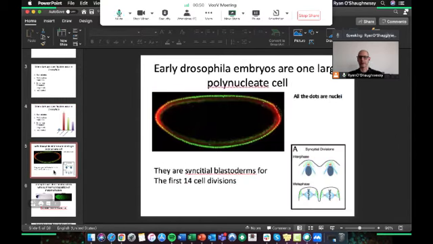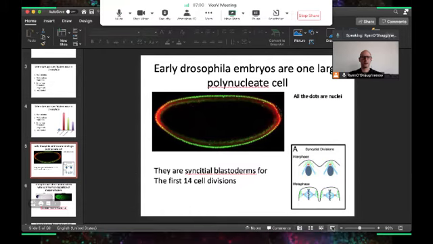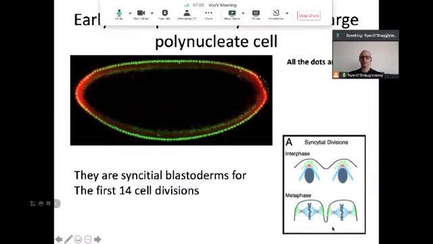And so we have our polynucleate Drosophila embryo, our syncytial blastoderm, in which all the dots are nuclei, and you get these syncytial blastoderms for the first 14 cell divisions.